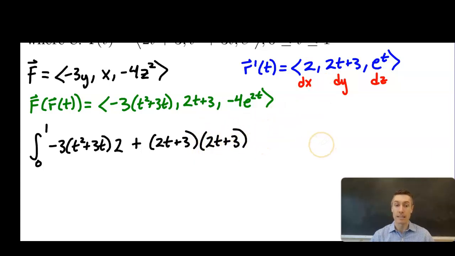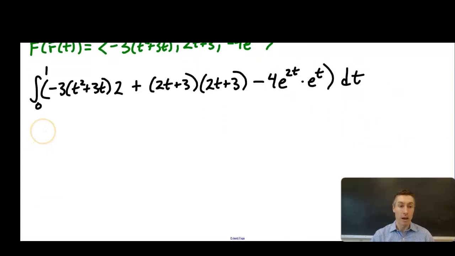And again, we'll save the dt for the end. And then minus 4e to the 2t, dz is times e to the t. And now that we have all three terms, we can just write that dt at the end.